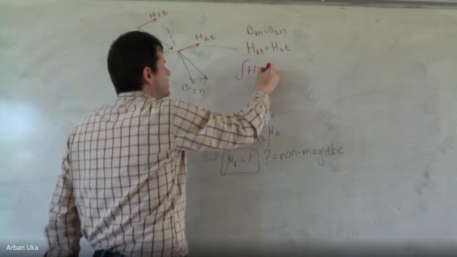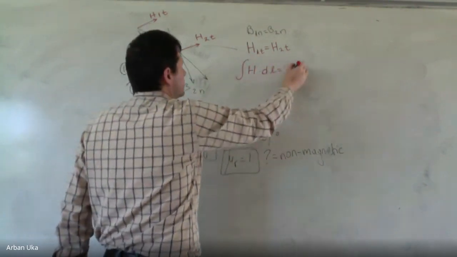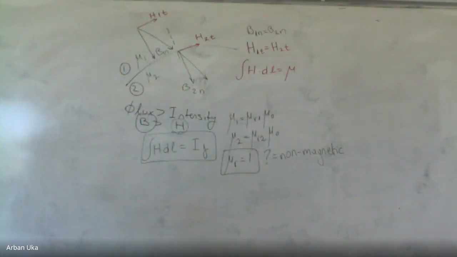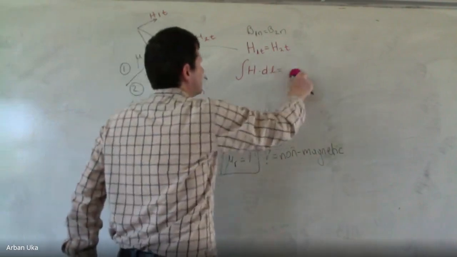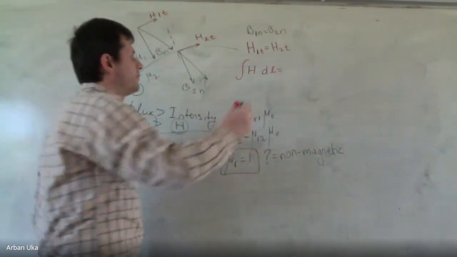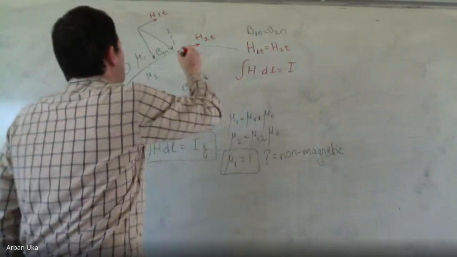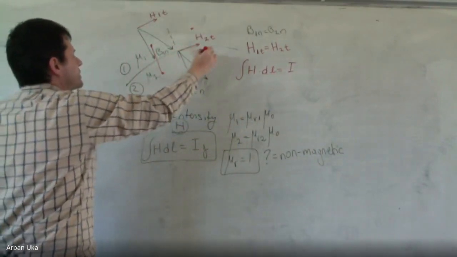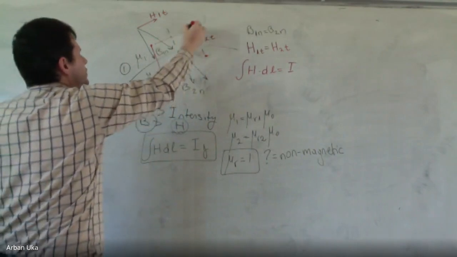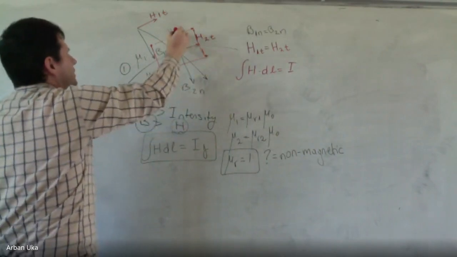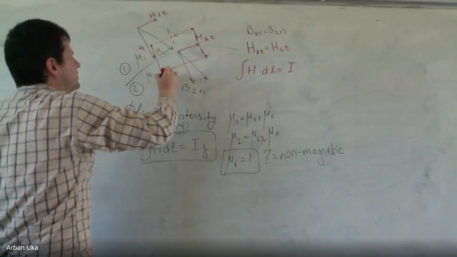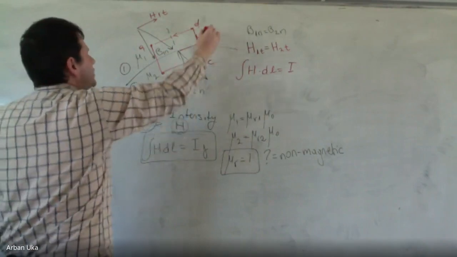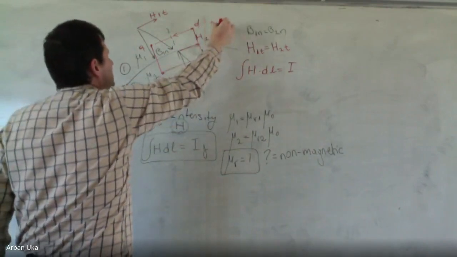So we have here HDL, which is equal to the current I. In order to construct this, we assume four points, or a closed loop, with points A, B, C, D, with a length L and a width W.